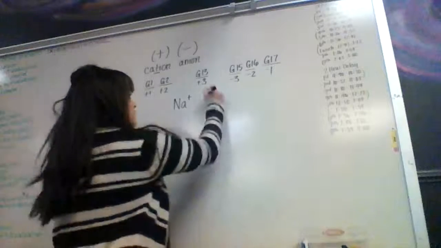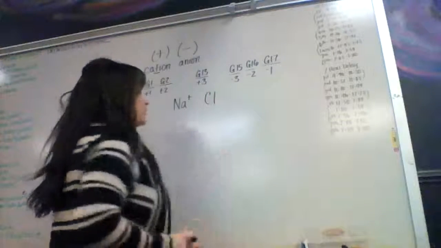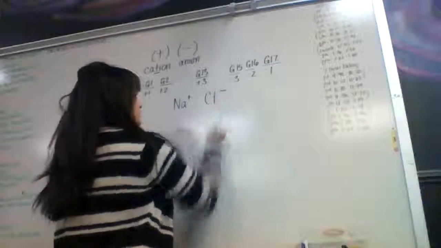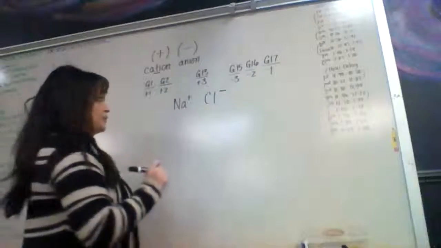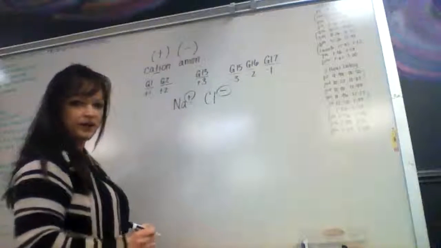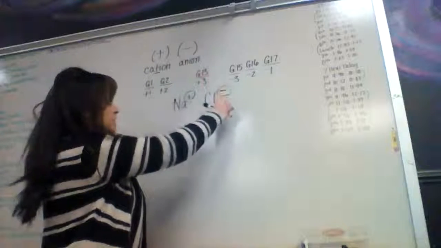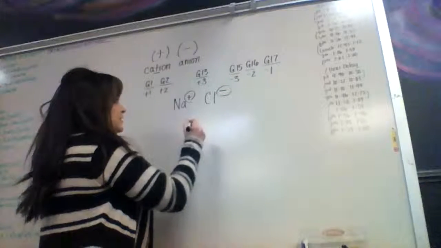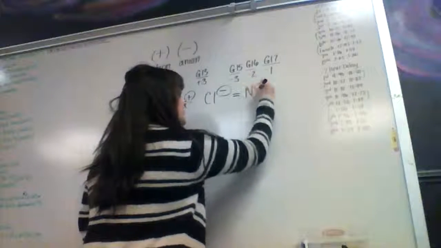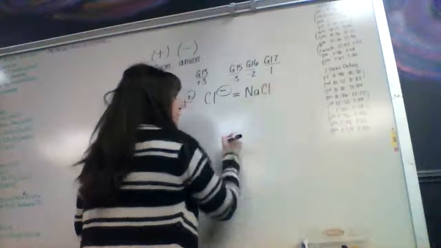Okay, and if we bond that with chlorine, chlorine is in group 17. It has a negative 1 charge. What you're looking for is that the charges have to add up to 0. So we've got a positive 1 and a negative 1, so that equals 0. So the chemical formula for that will just be NaCl.